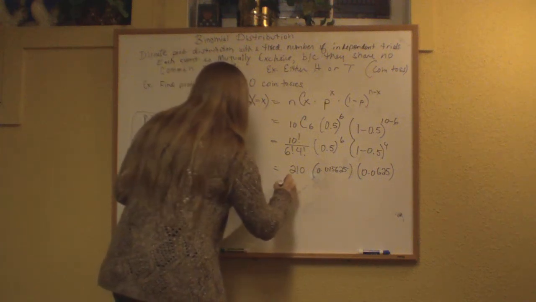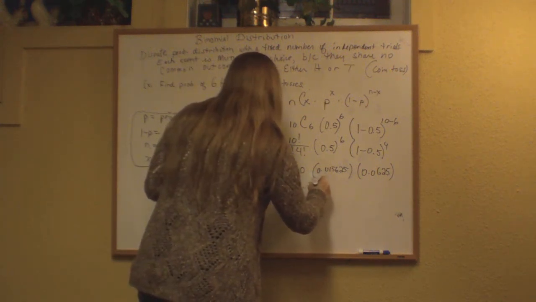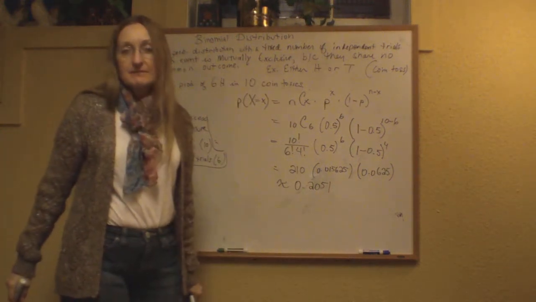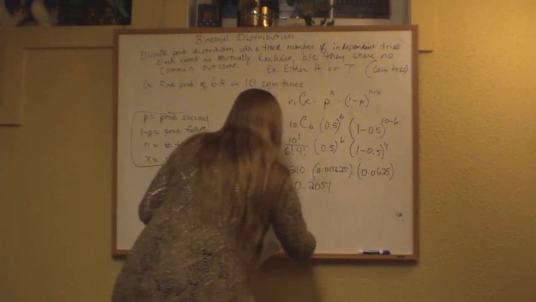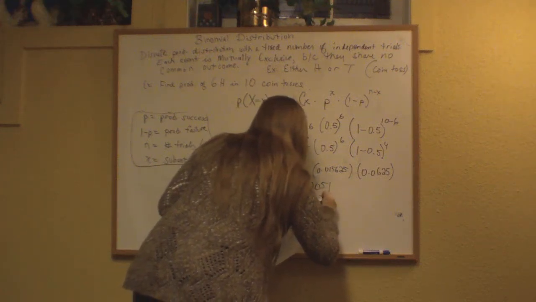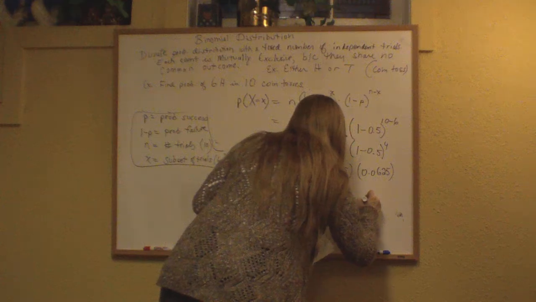After you compute all of those, it's approximately equal to 0.2051. And this number right here, that's the probability of getting 6 heads in 10 coin tosses. Let me write down, this is the probability of 6 heads in 10 coin tosses.